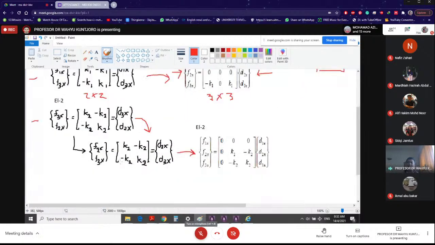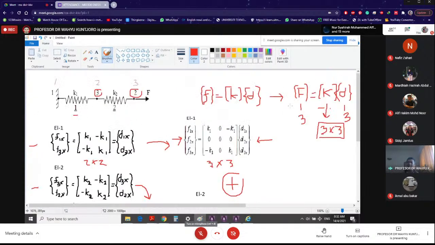Then you just add them all together, combine them all together, and it becomes matrix F equal to KD. But this is actually the matrix for the system, the matrix for the structure. That's the way we analyze how you construct your element equation and system or structural equation. Please make sure you understand this.